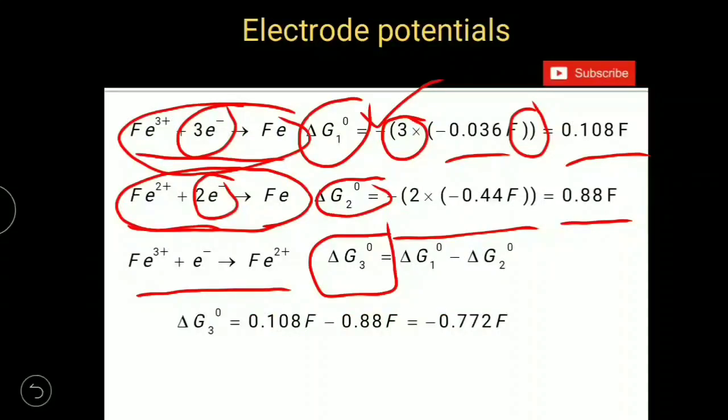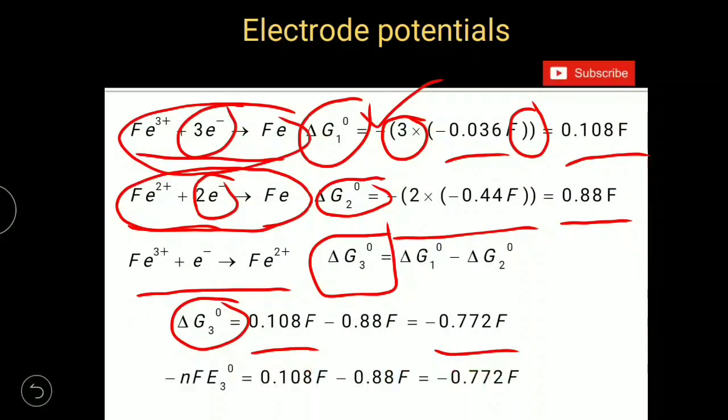So delta G3 naught will be equal to delta G1 naught, which is 0.108 Faraday, minus delta G2 naught, which is 0.88 Faraday. So delta G3 naught will be equal to -0.772 Faradays. In the place of delta G3 naught, you can substitute minus NF E3 naught.